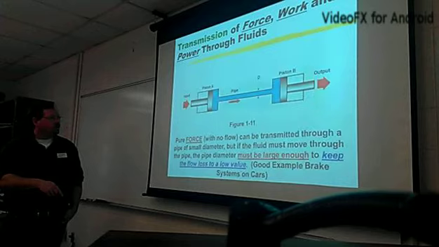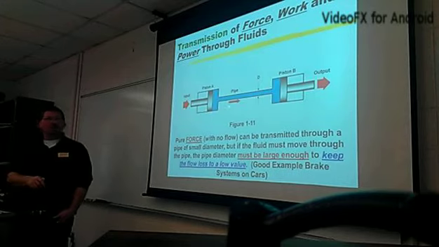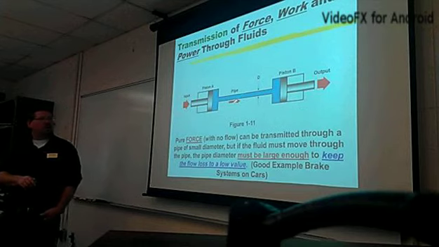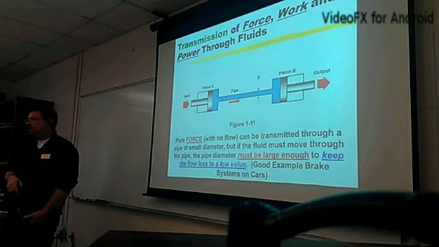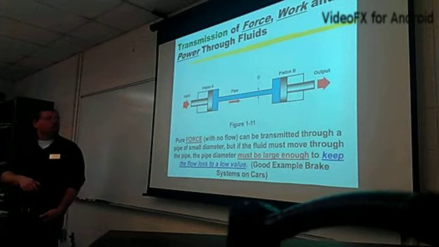Now, what this is saying here is that we can do it like this, or we can save a lot of fluid and metal and do it like this, which is a pipe. All this is a pipe. All right?